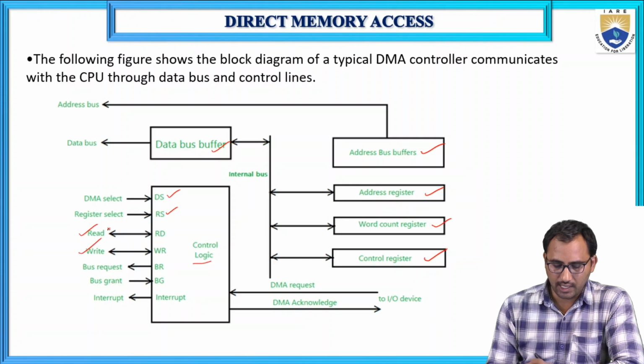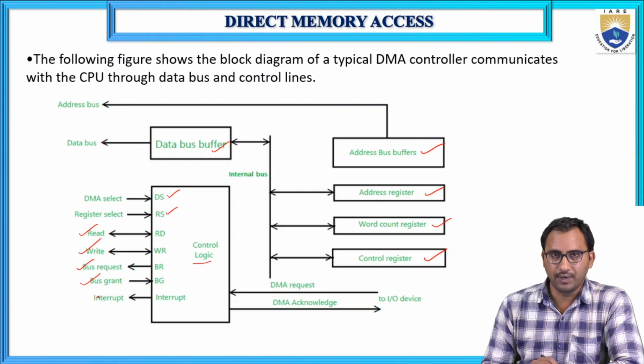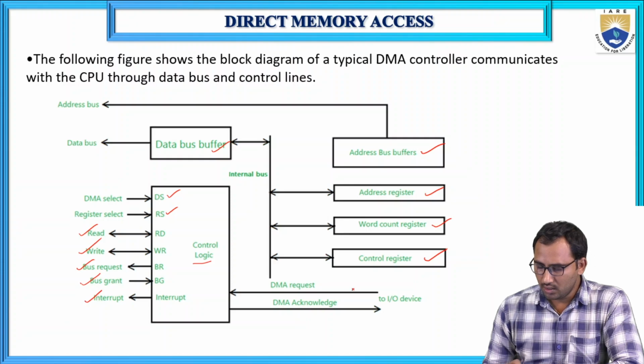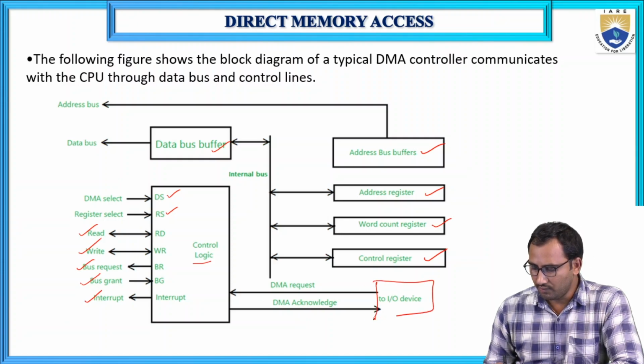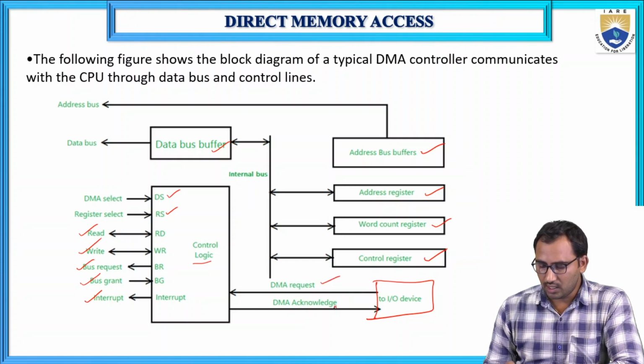Then bus grant and bus request, which we have already seen in the previous slide, and interrupt. And this is an IO device. We have one input and one output signal, that are DMA request and DMA acknowledgement. These are the different blocks associated with the DMA.